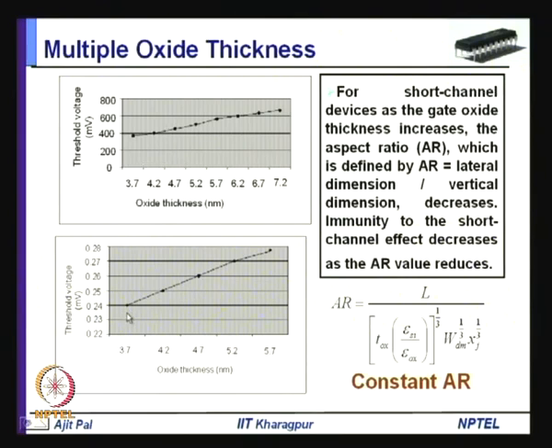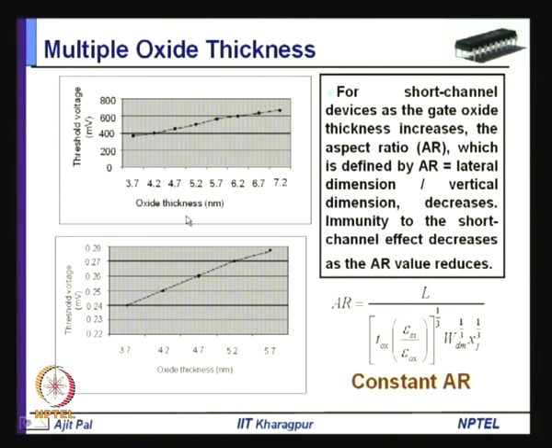As you vary the oxide thickness from 3.7 to 5.7, the threshold voltage varies only from 0.24 to close to 0.28. So, there is small variation in threshold voltage whenever you are maintaining the aspect ratio constant.